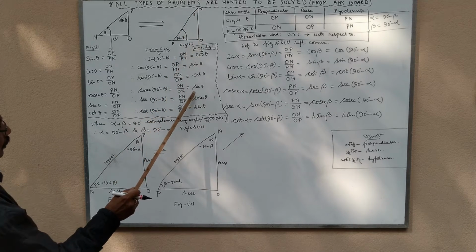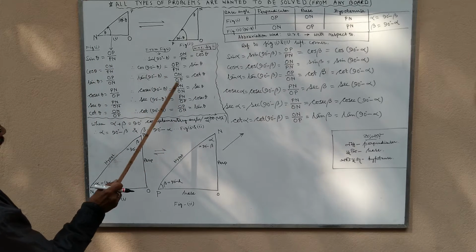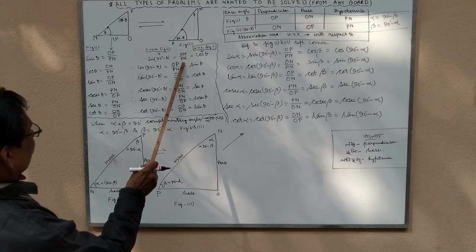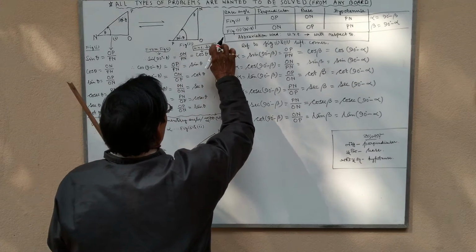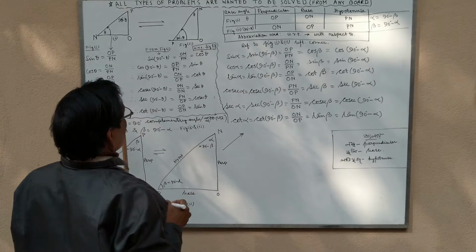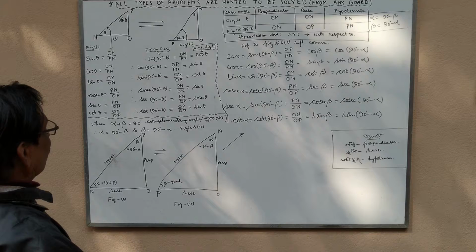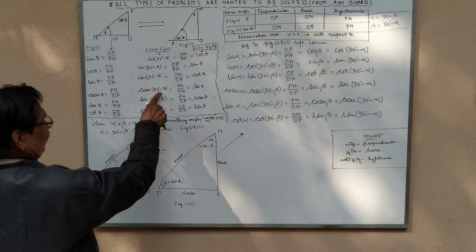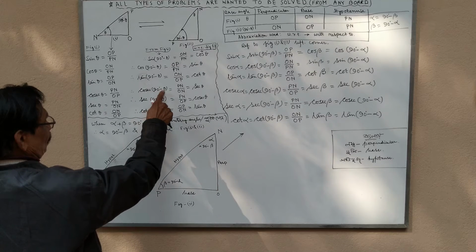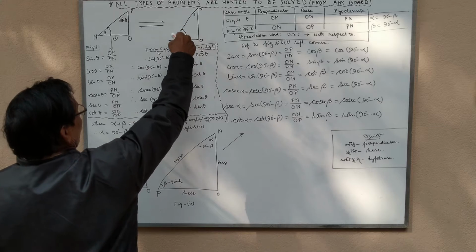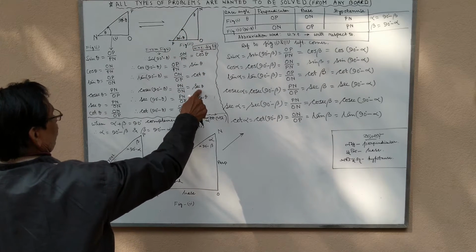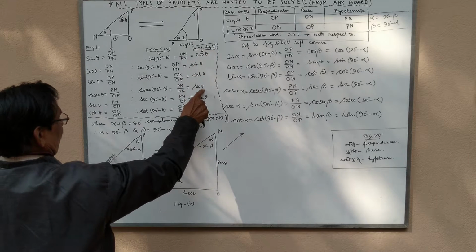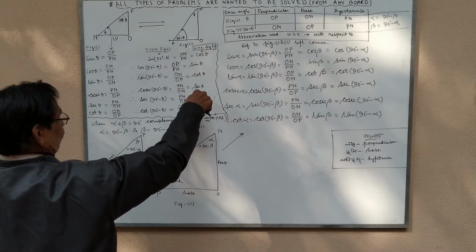This is sec theta with respect to figure 1. Sec theta equals PN by ON, and sec 90 degree minus theta equals PN by OP.